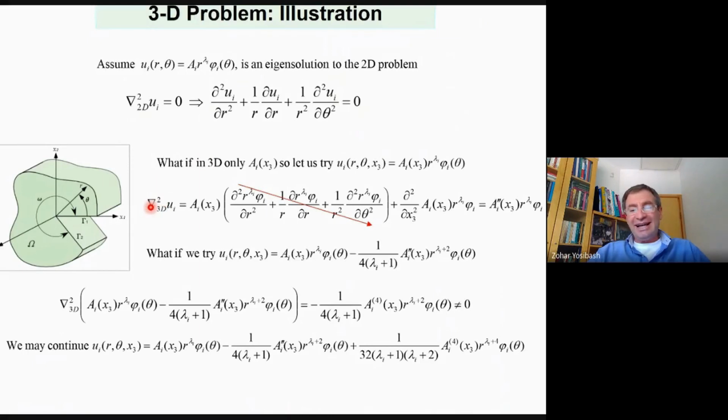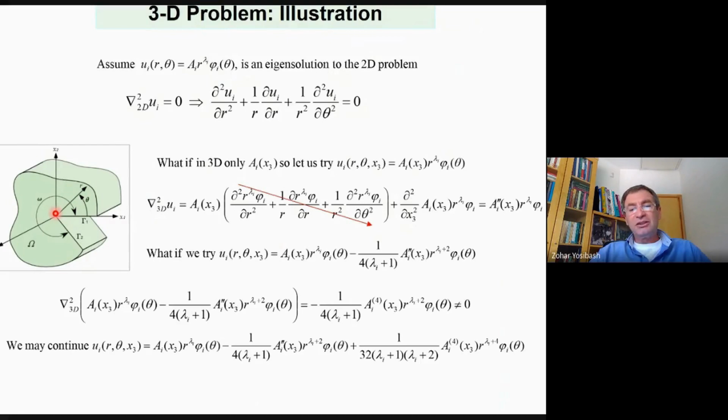So it is exactly the 2D operator, plus we have another term, which is the second derivative with respect to the third coordinate. So again, if you look here, I have x1 and I have x2, and this x3 is the coordinate along this. Now in 3D, it's not anymore a point, it's a line.